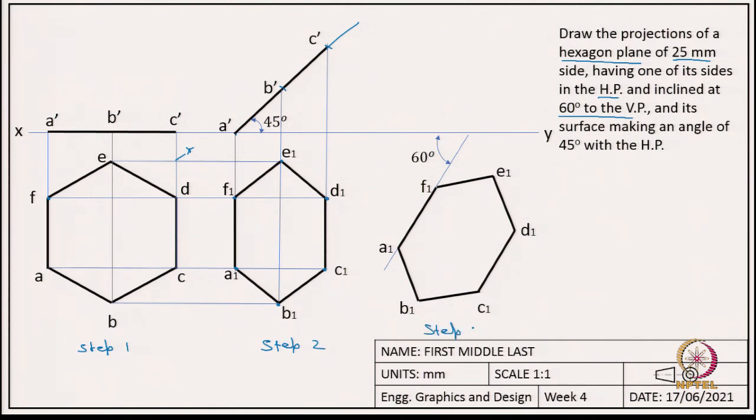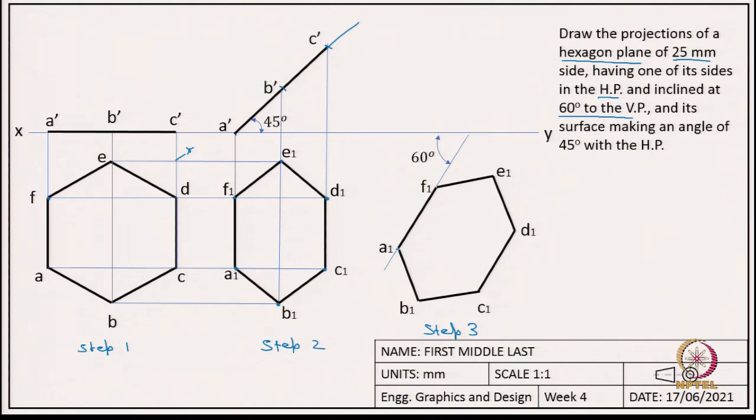So, this is step 3, and in step 3 you will notice that the shape will remain the same as in step 2, only now it will be at a different angle. Once we have captured this top view, it will be easy for us to capture the front view, because we just need to follow the points.